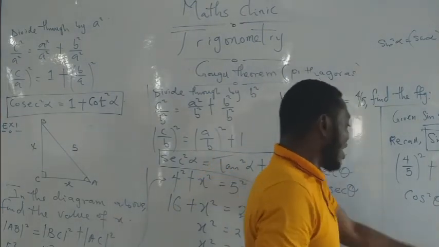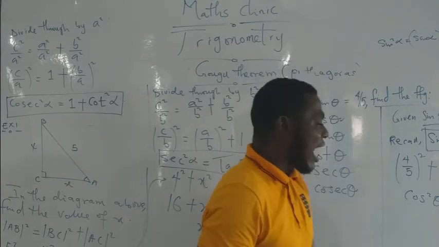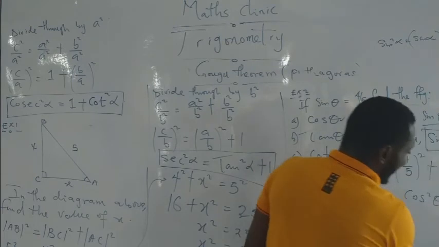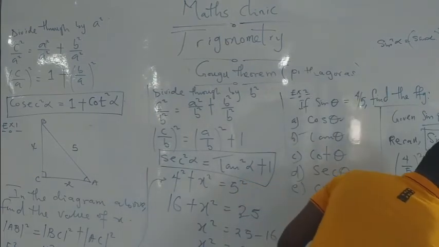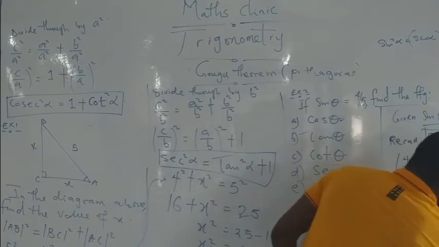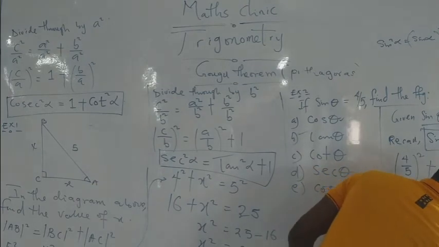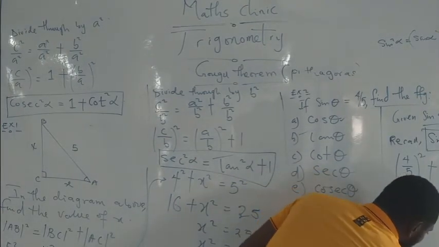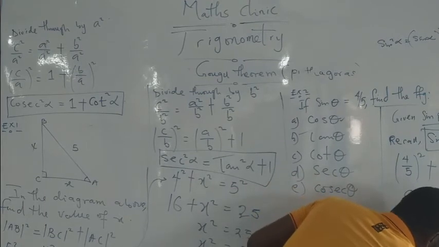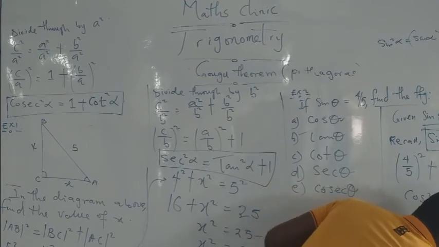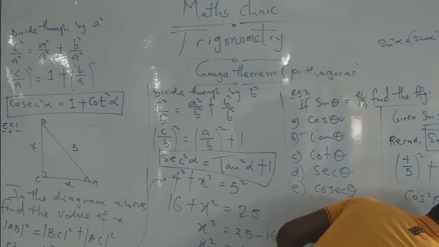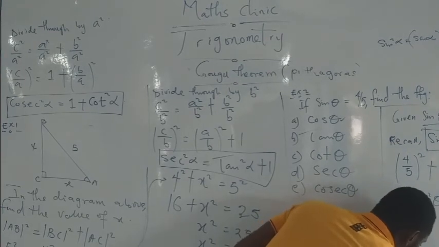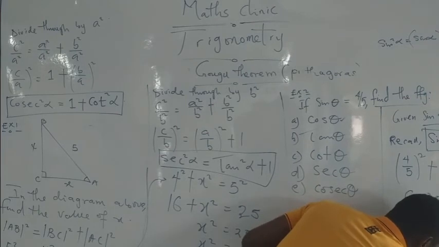So 25 minus 16 gives 9 upon 25. So cos theta equals plus or minus square root of 9 upon 25, that gives plus or minus 3 over 5. Therefore, cos theta equals 3 upon 5.